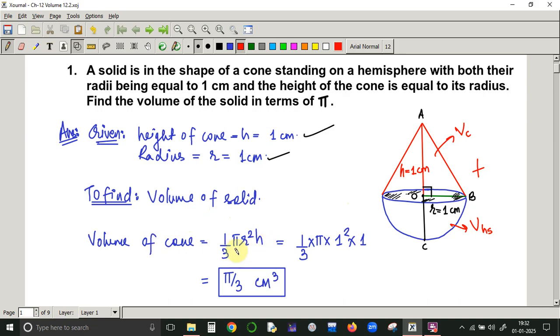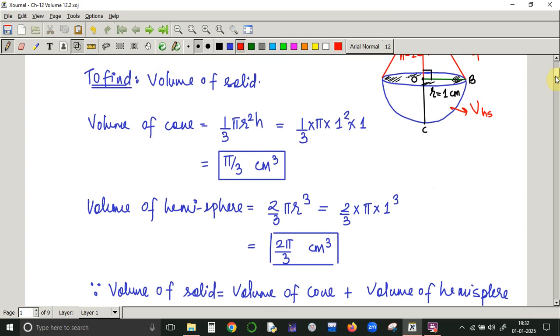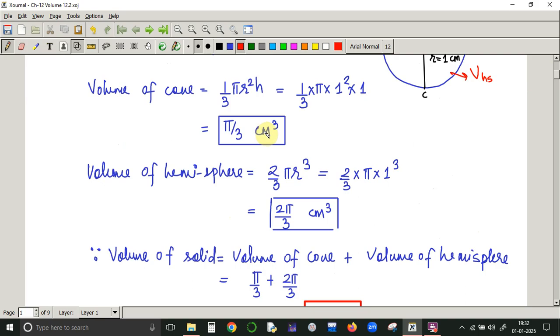So volume of cone, this is the formula 1 by 3 pi r square h. Now they have said that keep the answer in pi. So we are not going to substitute the value of pi. So pi by 3 is the volume of cone. Volume of hemisphere is 2 upon 3 pi r cube. Replace the value r is equal to 1.